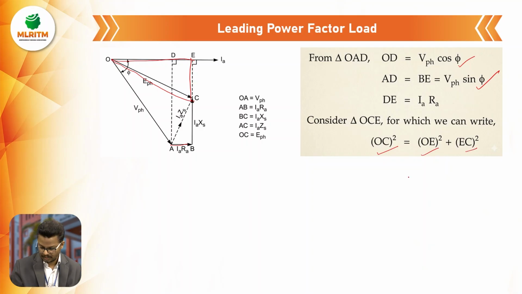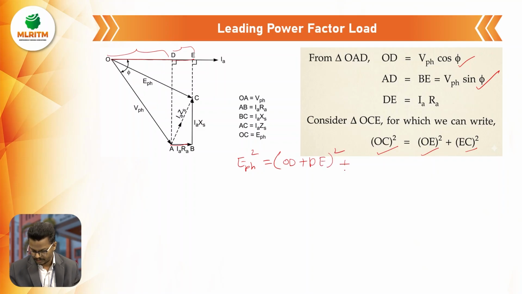Here OC is E phase, so E phase square is equal to, now OE. OE can be written as OD and DE, so in the place of OE, I will write OD plus DE.